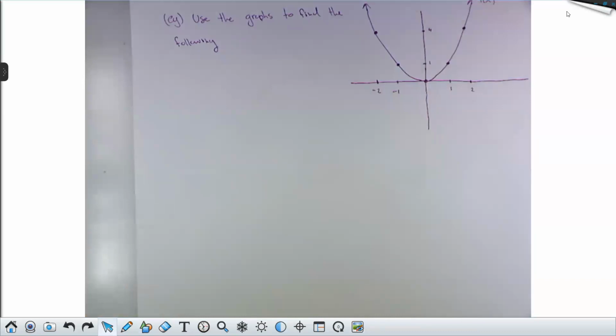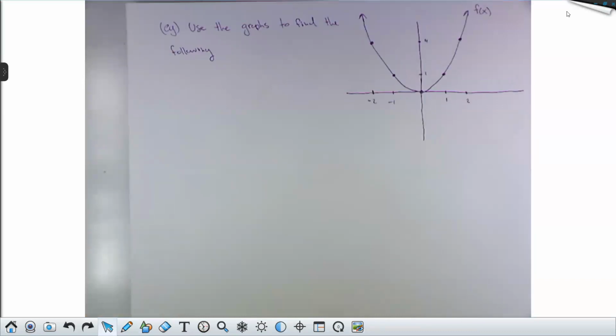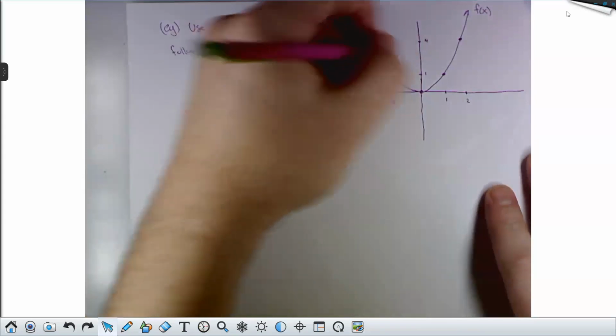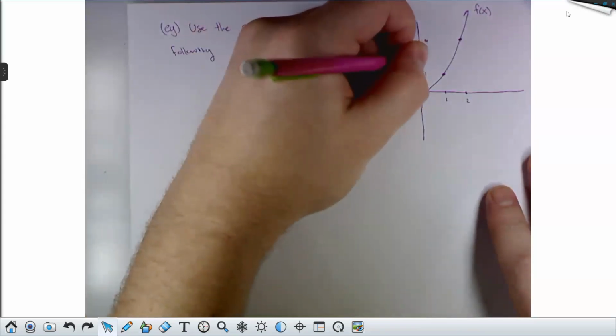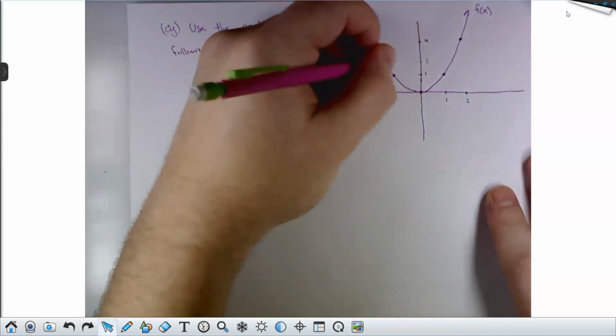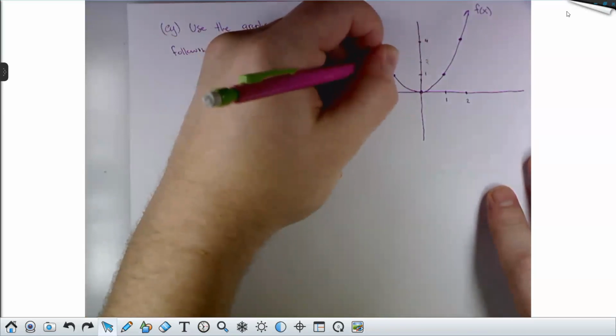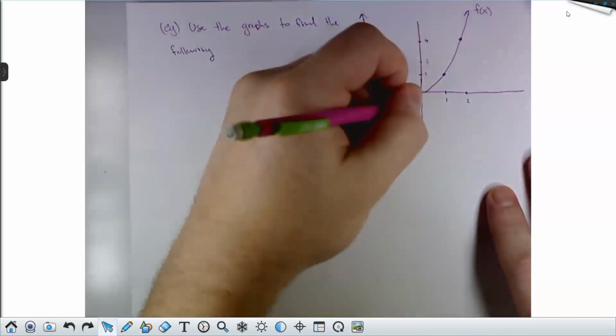I'll put the graph of f of x in purple like that. And the graph of g of x, let me put this in pencil. Let's do g of x like this.